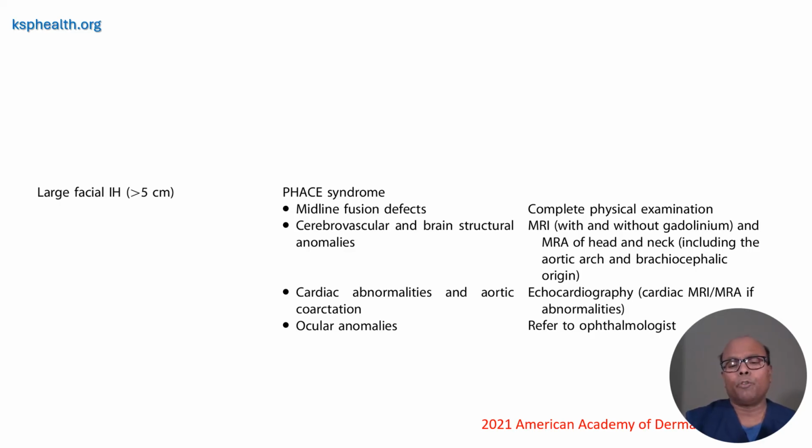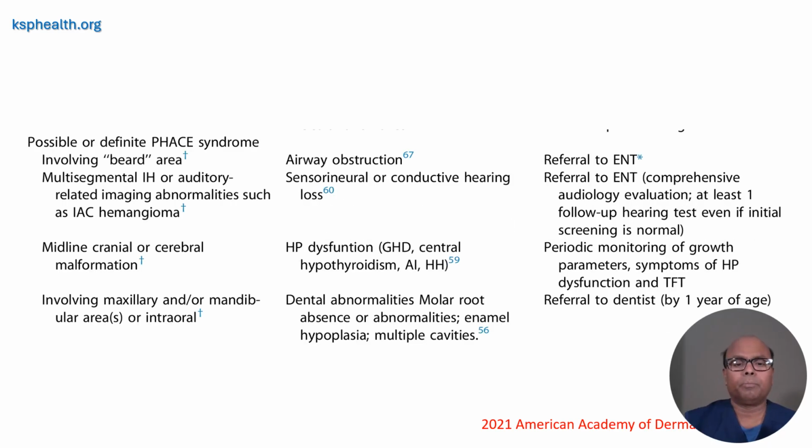And look for cerebrovascular and brain structural abnormalities. MRI and MRA need to be done. Cardiac anomalies are often associated, like aortic coarctation, so echocardiography and also cardiac MRI and MRA need to be done. For ocular anomalies, referral to the ophthalmologist needs to be done.